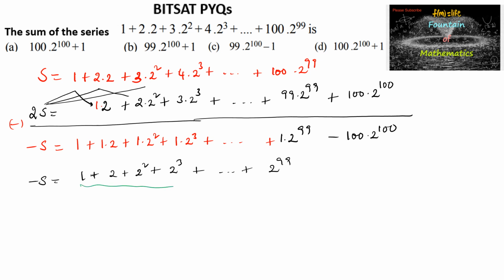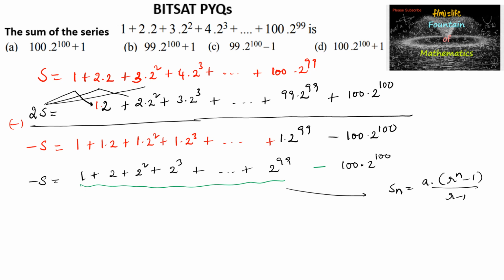Till here we can say this is a geometric progression with 100 terms, starting from 2 power 0, so counted 100 terms, minus 100 times 2 to the power 100. The sum of n terms in a GP is Sn equal to A into R to the power n minus 1 divided by R minus 1.